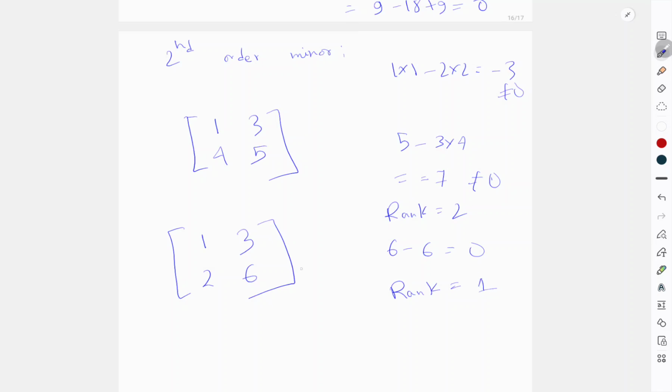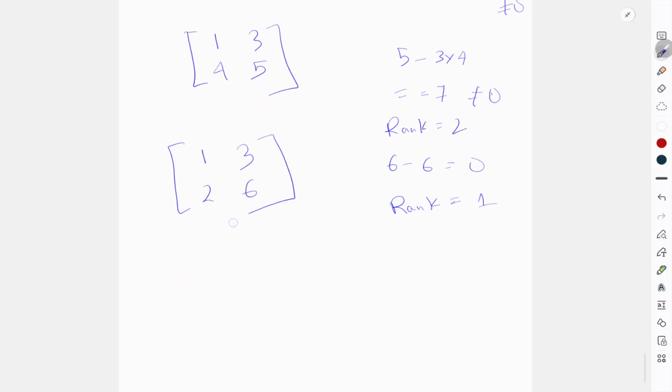You can check if you convert it into its corresponding equivalent form. Obviously you will get 1 3 0 0. So the number of non-zero rows is 1, and from there its rank will be 1. So this type of concept is required.